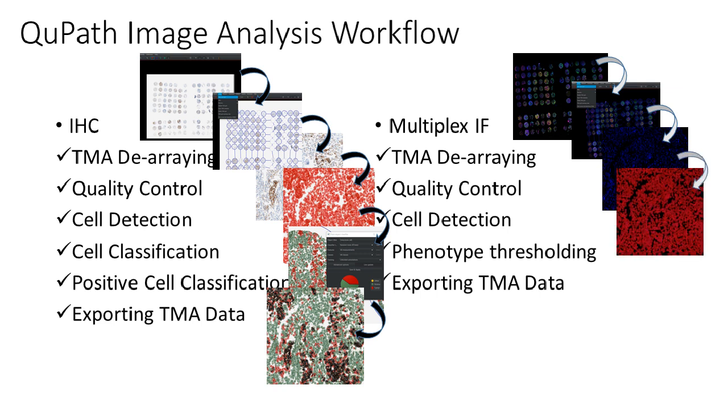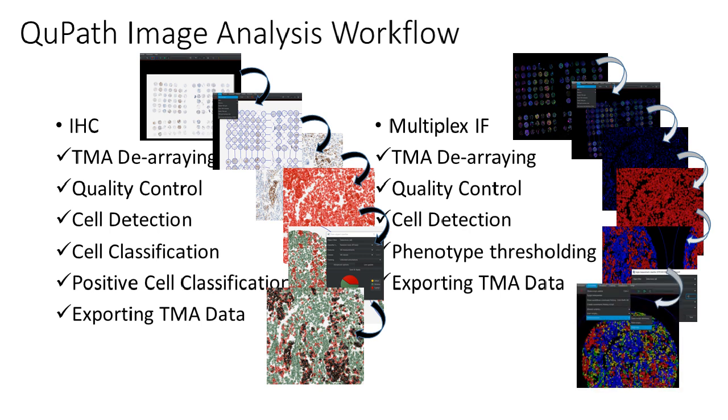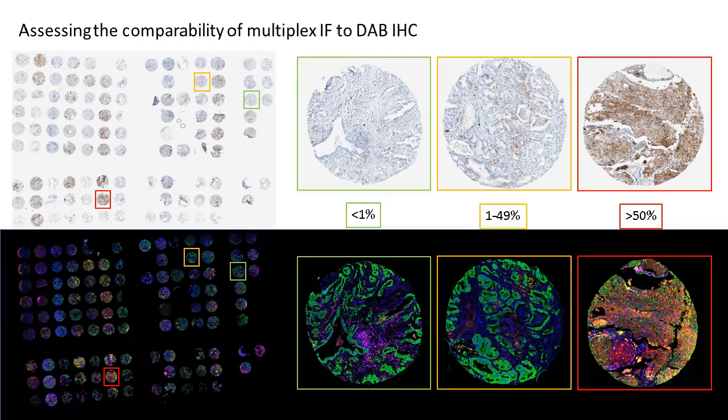Then you can either use the default parameters within QuPath to detect the different channels and cell types, or, as we tend to do, use bespoke scripting to pull out the different phenotypes and combinations, export that data, and again do the comparisons. So it's very quick to batch process dozens and dozens of slides at a time.